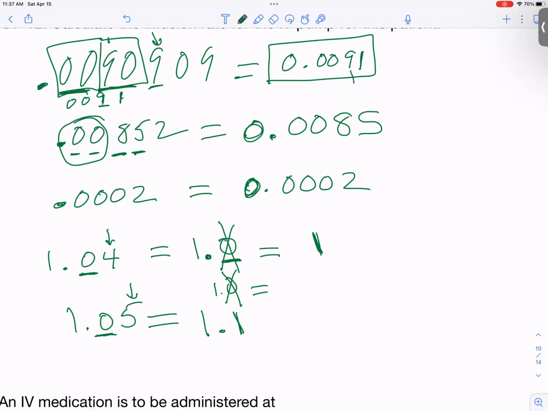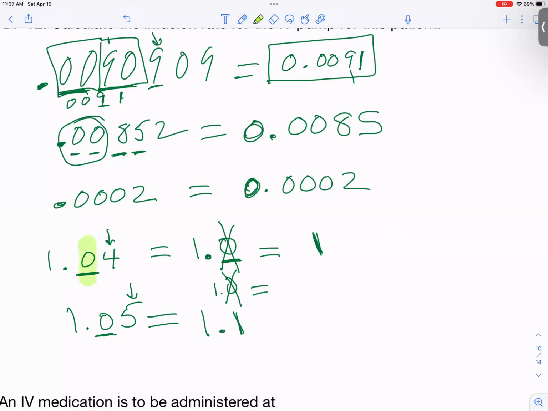So you always go to the number to the right. What do you mean the 4 or 5 are not significant? Are you talking about the 1.04, Shira? Oh, okay. When we have numbers that fall between 1 and 10, we round to the tenths. The tenths is one spot next to it.